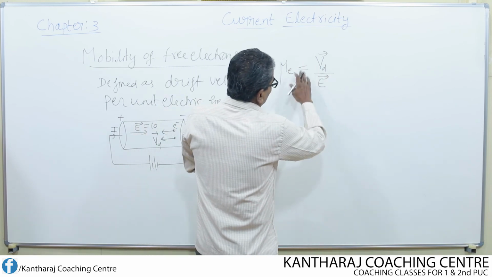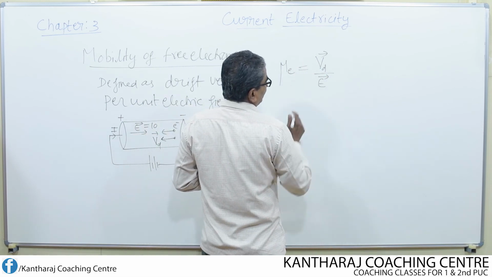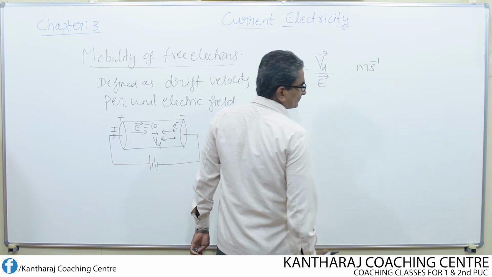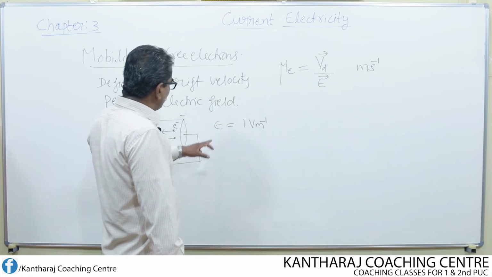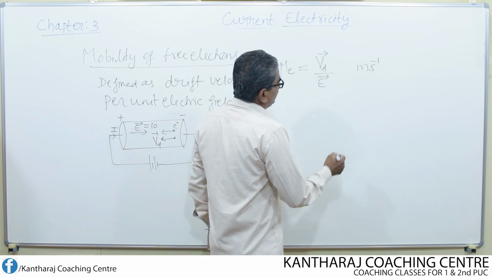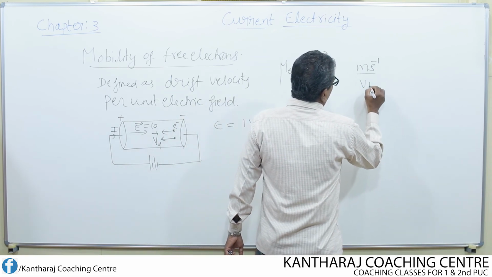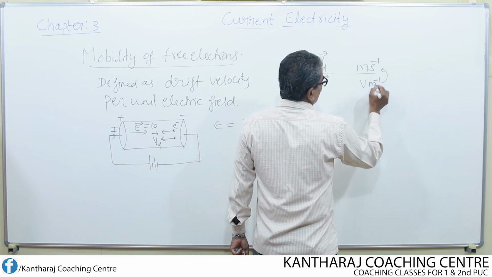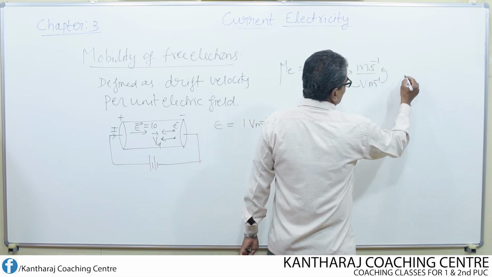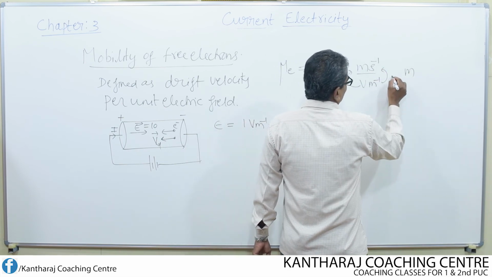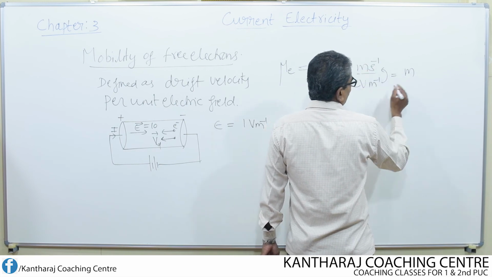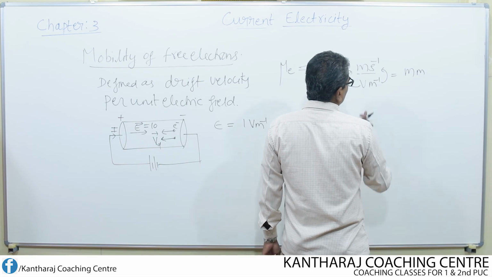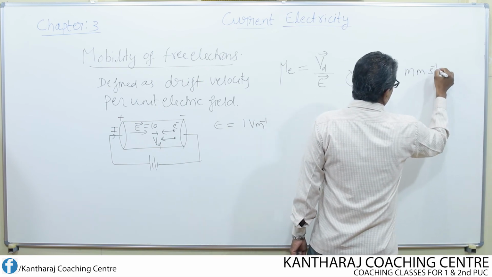And what is the SI unit of this? Vd is velocity, which means meter per second. What is the unit of electric field? Volt per meter. We shift meter to the numerator and also volt to the numerator. Then it becomes meter, once again one more meter. The inverse, if it goes to the numerator, it becomes plus. Then per second.